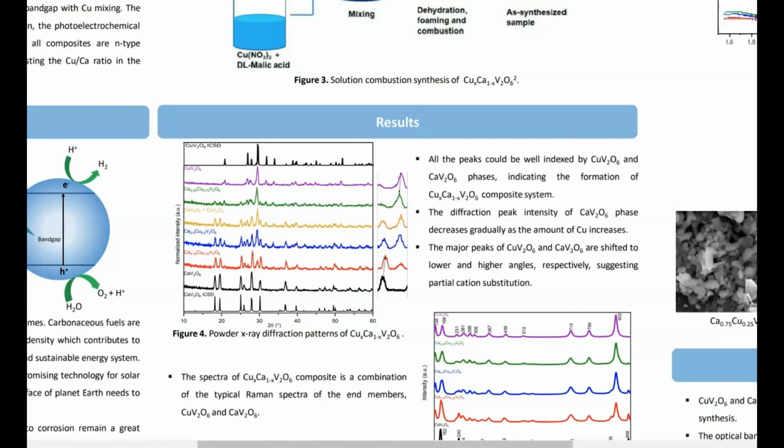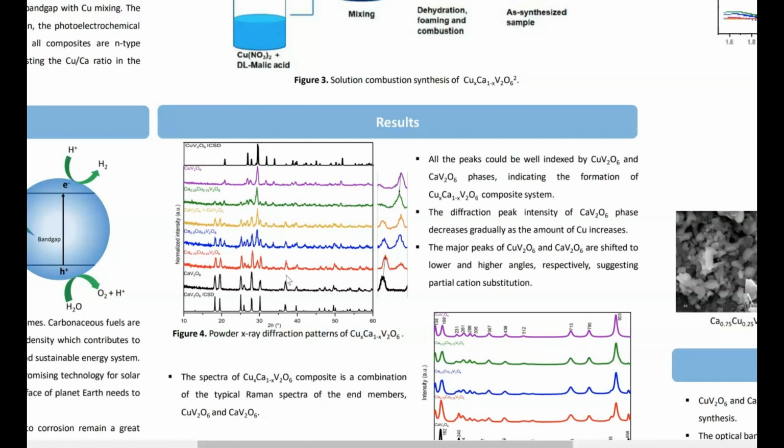Here in the results, first we have our XRD pattern of all the samples. We analyze the end members by comparing them with the corresponding ICDD cards, as well as CaV2O6, CuV2O6 composites in ratios of 1:3, 1:1, and 3:1. We can see that the diffraction peak intensity of the CaV2O6 phase decreases gradually as the amount of copper increases.